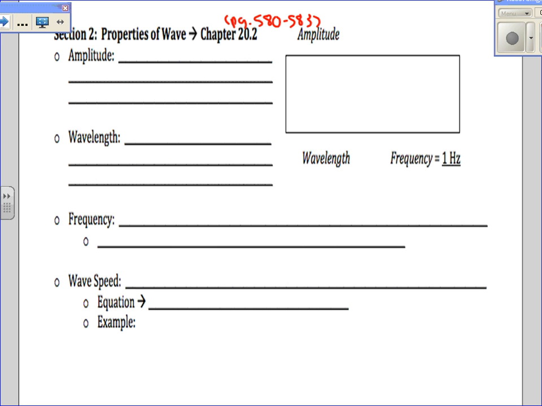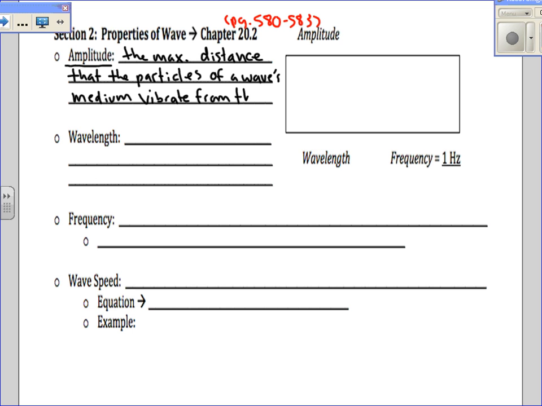Amplitude is the maximum distance that the particles of a wave's medium vibrate from their rest position. So that is amplitude.